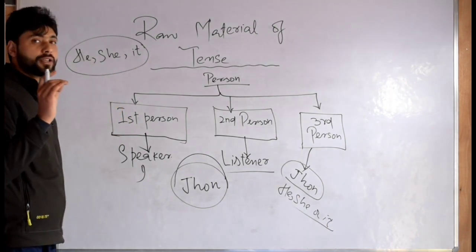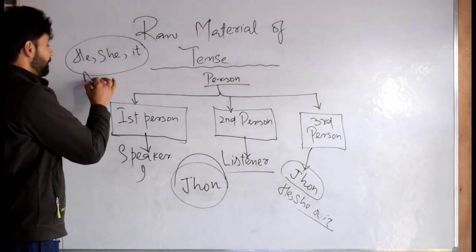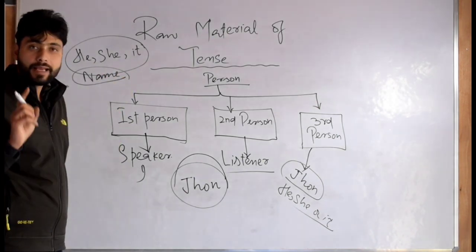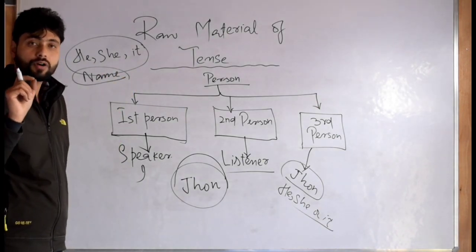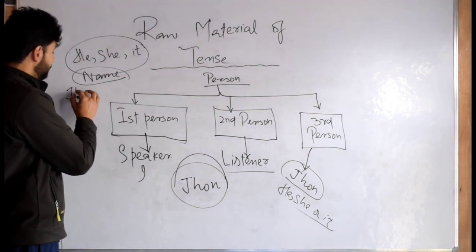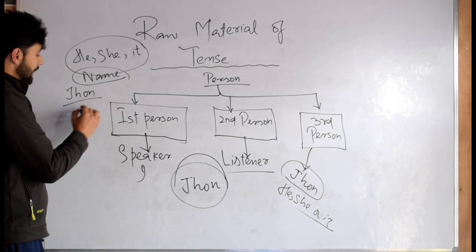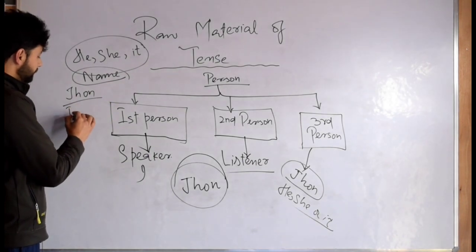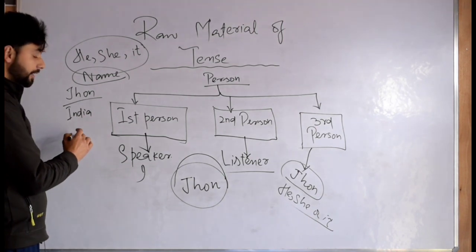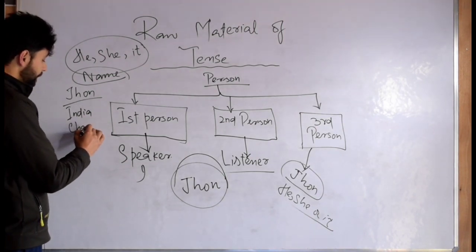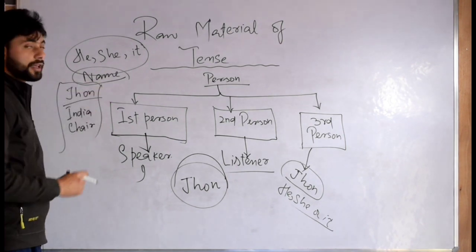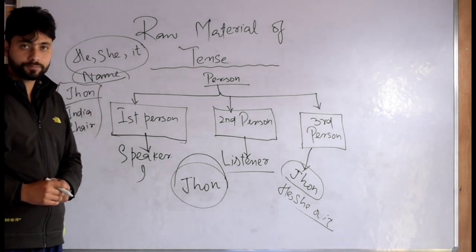Third person singular can also be the name of a place, person, or a thing. It can be name of a person like John. It can be name of a place like India. It can be the name of a thing like chair. These are all third person singular.